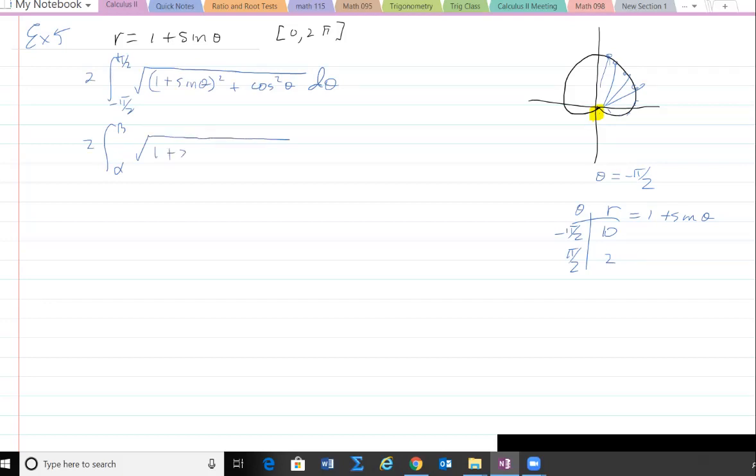This will be 1 plus 2 sine theta plus sine squared theta and cosine squared theta, d theta. So that's 2 plus 2 sine. So you've got a 2 root 2, alpha to beta, and inside here you have 1 plus sine theta. Okay, now that is not something that we can integrate directly.